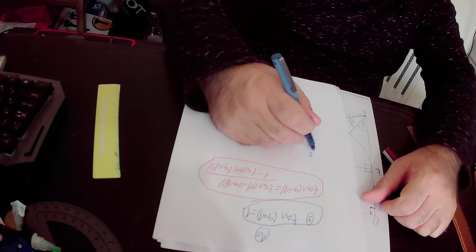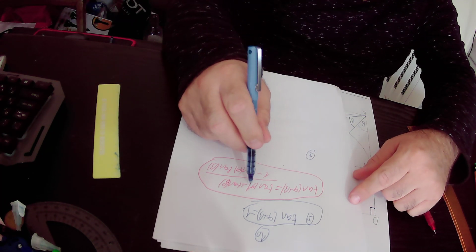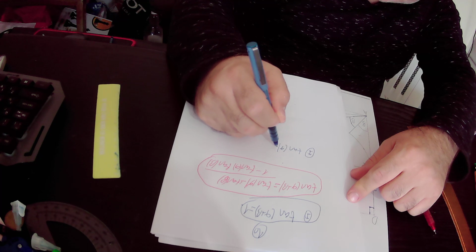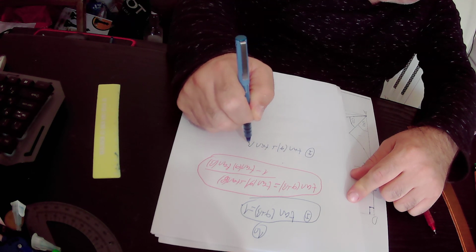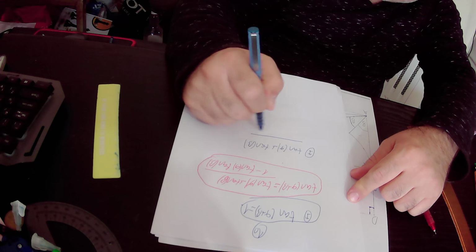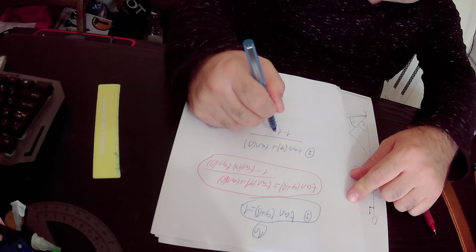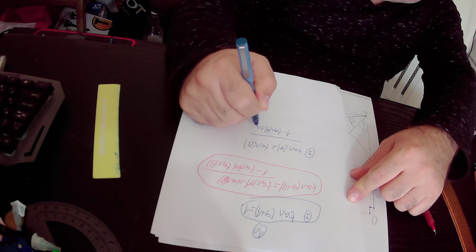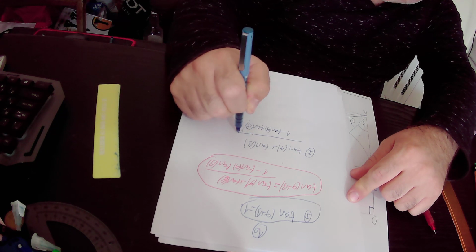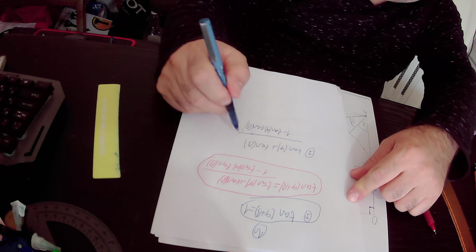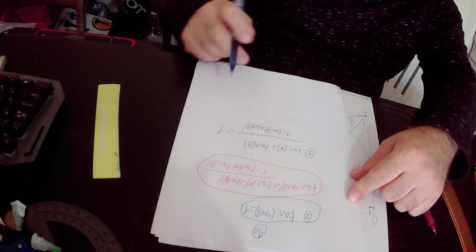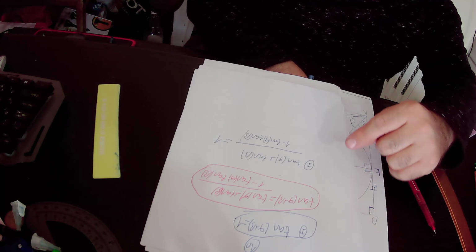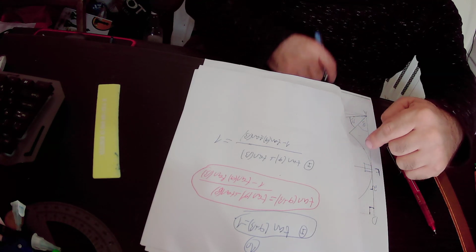Instead of tangent of alpha plus beta, we will write tangent alpha plus tangent beta over 1 minus tangent alpha times tangent beta, and all this equals 1. In the next step, we will find the values of tangent alpha and tangent beta from the drawing.